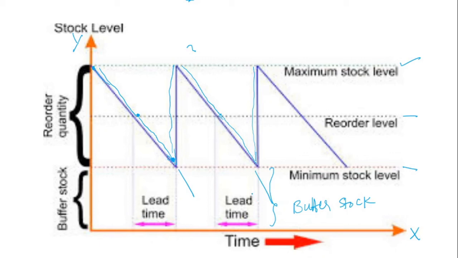That means the firm is going to face the danger level. In the danger level condition, the firm stops the raw material issue for the regular jobs, and only for the important jobs, important works, the raw materials are issued out of buffer stock.